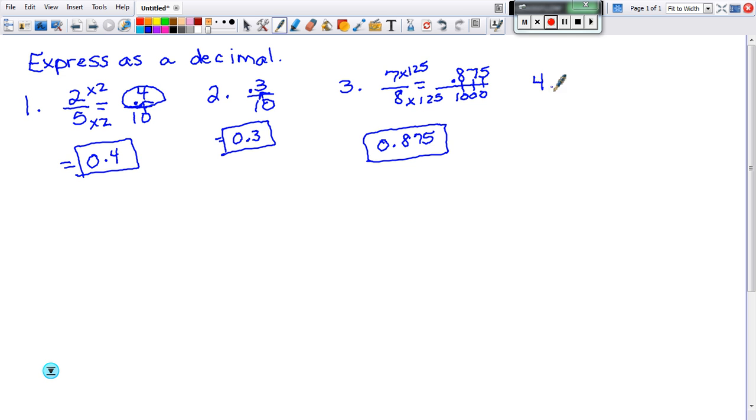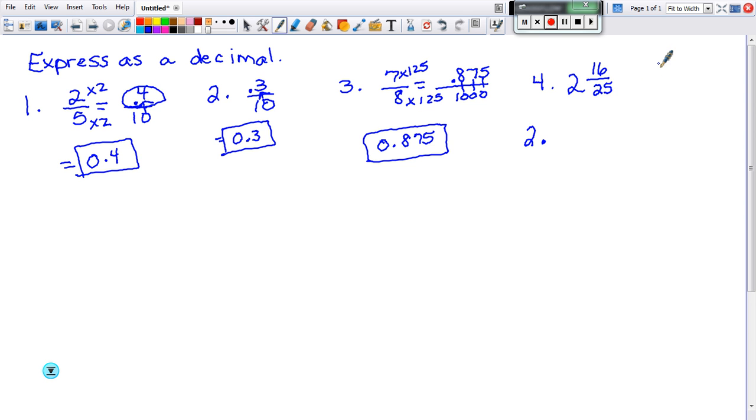Number 4, 2 and 16 over 25. Now you do not have to make this into an improper fraction in order to write it as a decimal, because any numbers out front of your fraction go out front of your decimal in your answer. So this is going to be an answer of 2 point something.